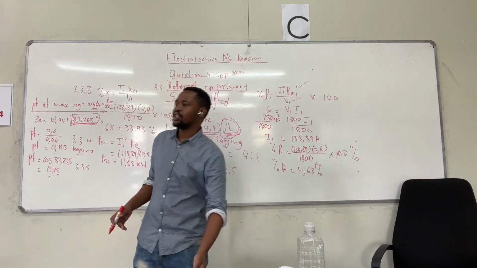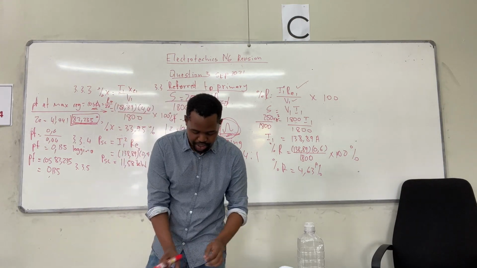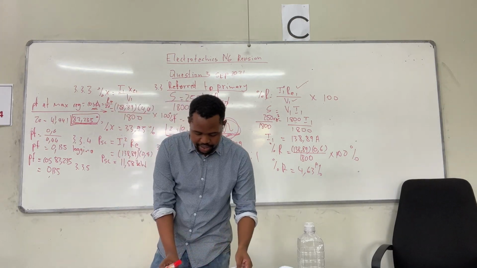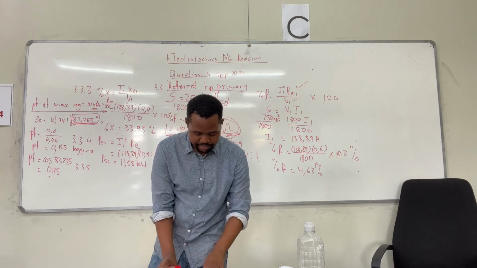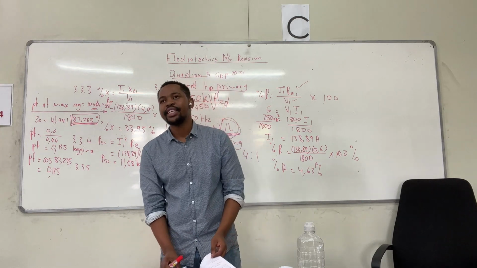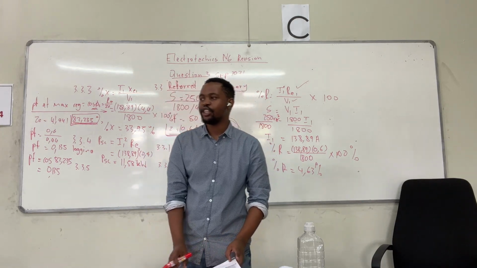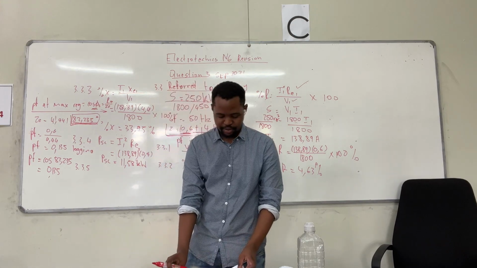That is basically the short circuit test. We use a short circuit test to circulate full load current in order to determine the full load copper loss of the transformer.